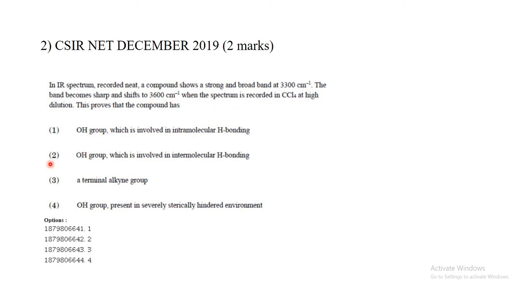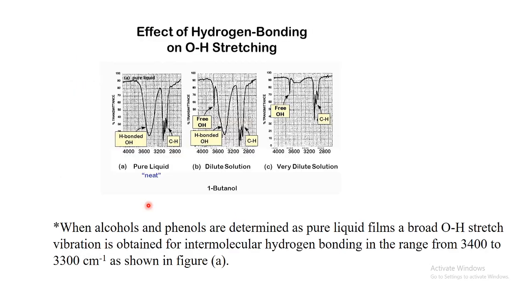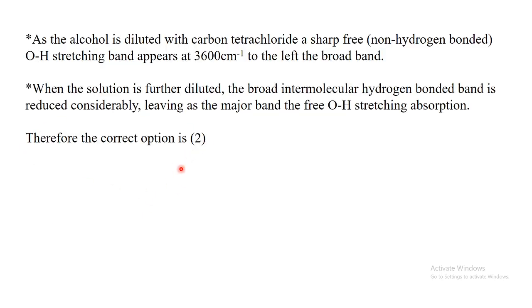So the correct option will be OH group involving intermolecular hydrogen bonding, because if there is intermolecular hydrogen bonding, we will observe the peak at around 3300 cm inverse, and if we continue to dilute the solution, the hydrogen bonded peak will disappear, resulting in the appearance of only the free OH stretching absorption, which is around 3600 cm inverse. So the correct option will be option 2.